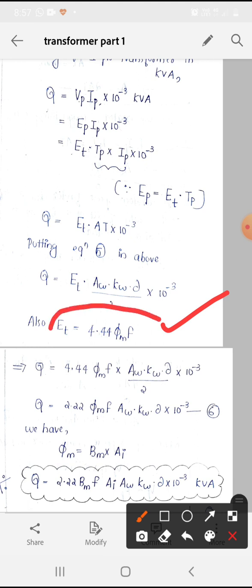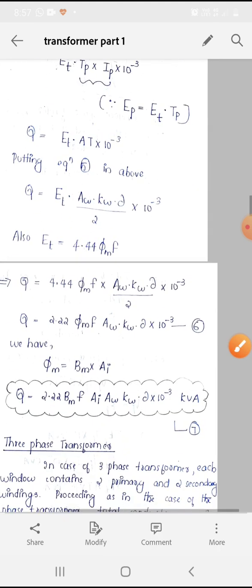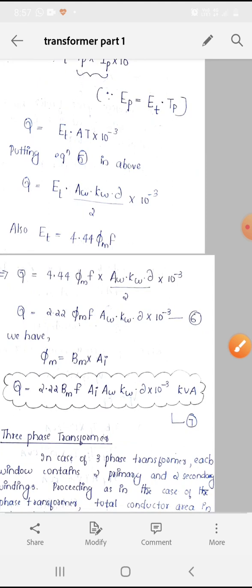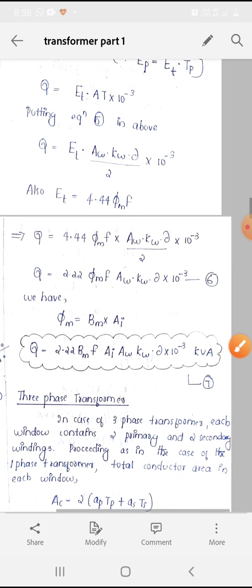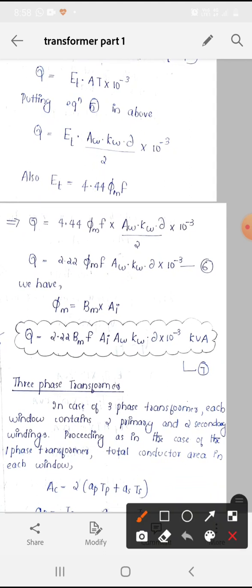So, we are replacing this into here. Okay, so we will get the equation of Q is equal to 4.44 phi m f into AW KW delta by 2 into 10 raised to minus 3. So, dividing this by 2, we will get Q is equal to 2.22 phi m f AW KW delta into 10 raised to minus 3.